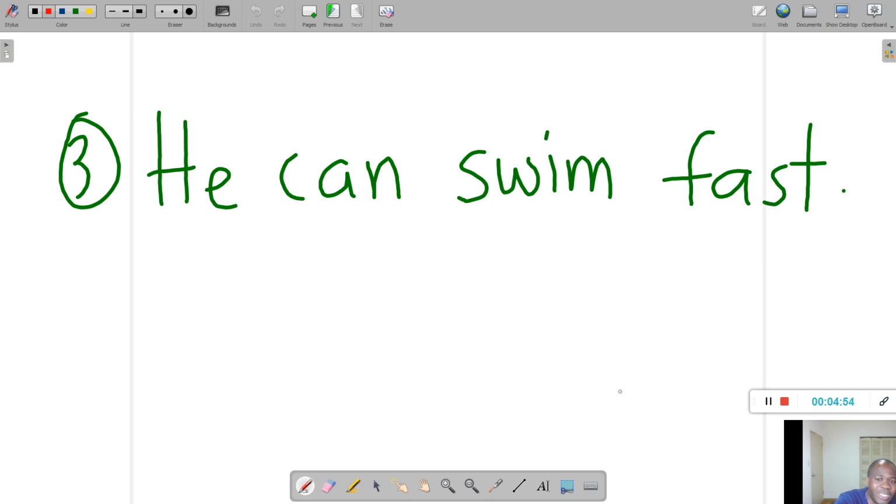And the action is swim, not can, not a modal verb, not can, not could, not shall, not is, not are, not was, not were, but swim. Swim. He can swim fast. So swim becomes our verb, becomes our action.